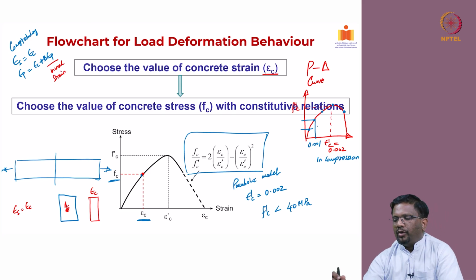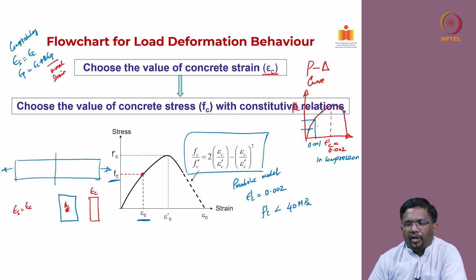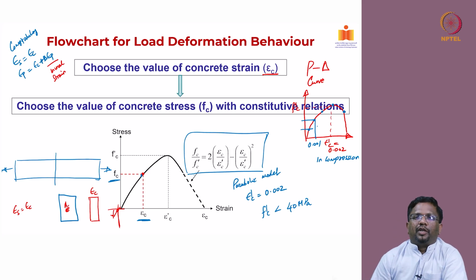For any given value of strain, using the constitutive equation of concrete in compression, I can now find the stress in concrete. Now, how about in tension? In tension, we assume that the concrete is not going to do anything. It cannot take anything; quickly it will crack. So, the stress strain relationship for concrete in tension is assumed to be negligible and not really going to contribute.